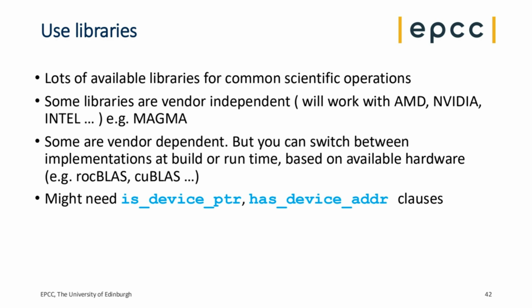And when you're using those libraries, as I mentioned at the start of the previous talk, you may need to, within OpenMP, make sure you're using is_device_ptr or has_device_addr to make sure that your OpenMP runtime knows that these pointers point to data that's already on the GPU.